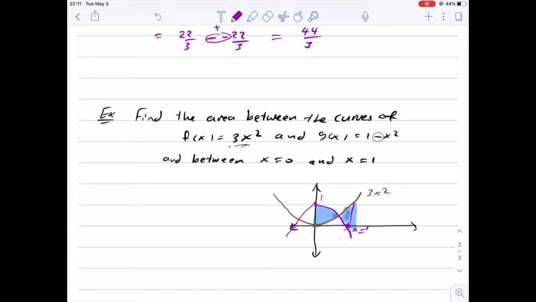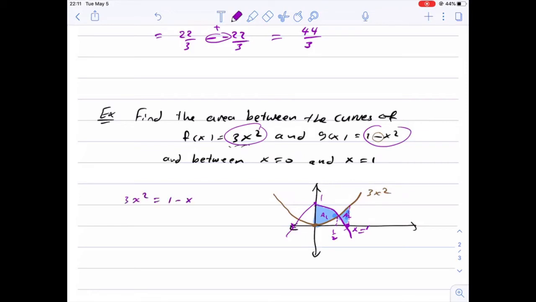But if we don't want to graph the function, that's fine. So what should we do? Now this point here is 1/2. What we want to do is add this area to this area. That gives us the required area. Now if we don't want to graph, we can just set them equal to each other.